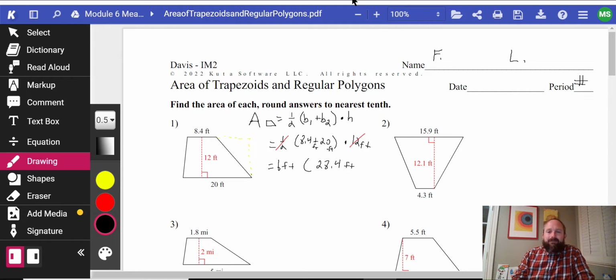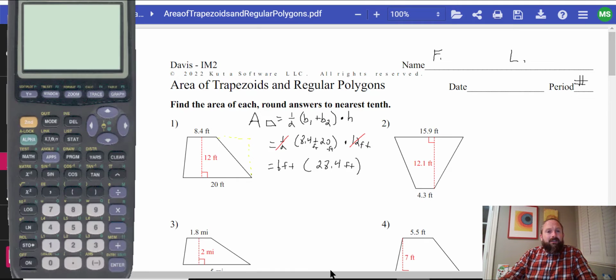Well, how much feet? All right, so now we get to the point of, Mr. Schultz isn't going to do this in his head. So he's going to get his calculator, turn it on, and he's going to do 6 times 28.4. And he gets 170.4.